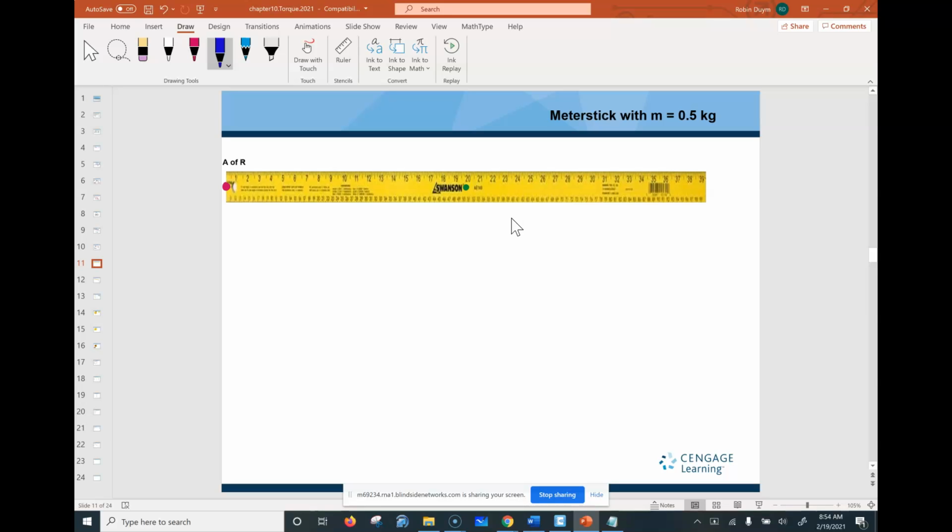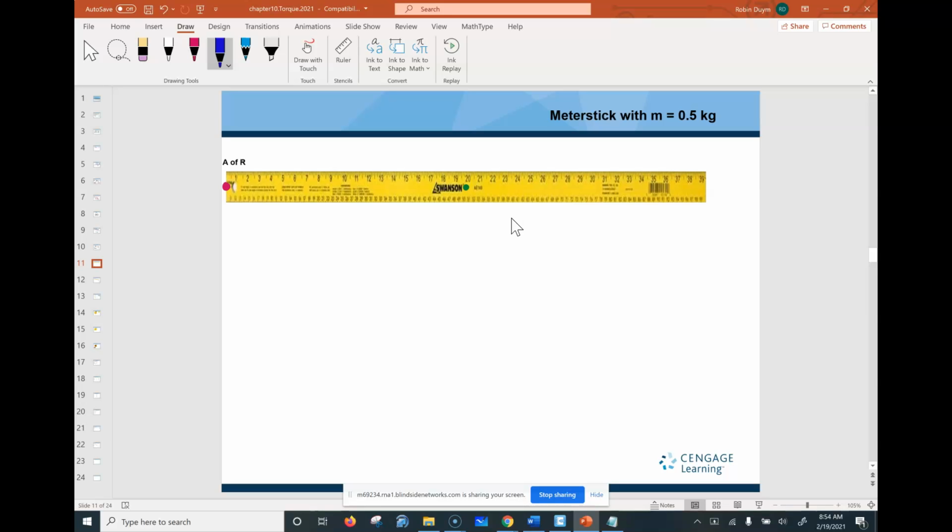Here we have a meter stick. The centimeters are on the bottom. We're going to say the meter stick has a mass of 0.5 kilograms. I have the axis of rotation over there on the left, the pink dot. Let's figure out the net torque. I have a little green dot there.